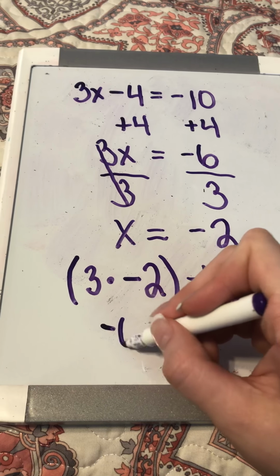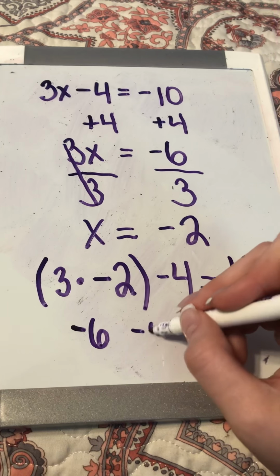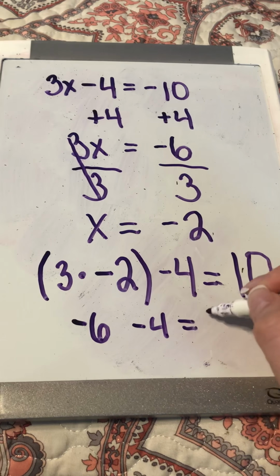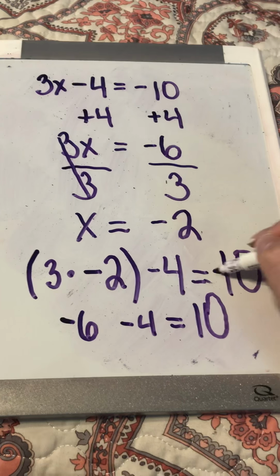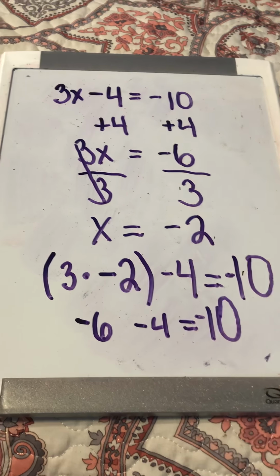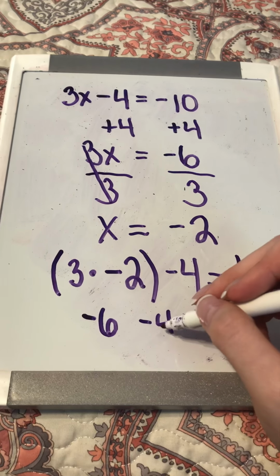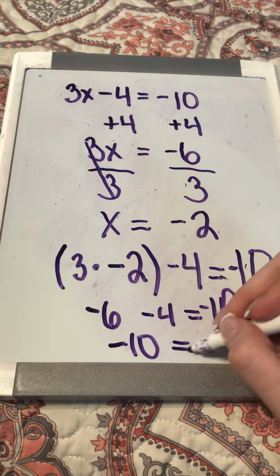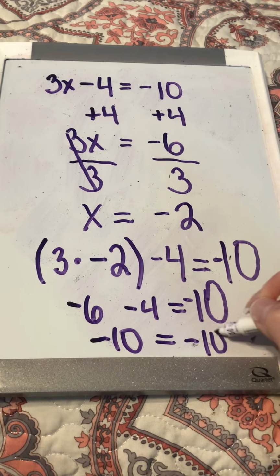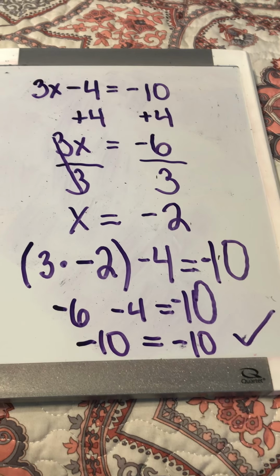So it's going to be negative 6 minus 4 is equal to negative 10. Okay, and negative 6 minus 4 is negative 10, and negative 10 is equivalent to negative 10. So that one is good as well.